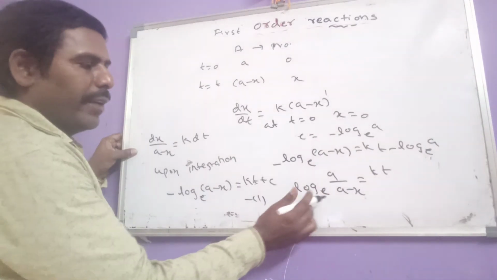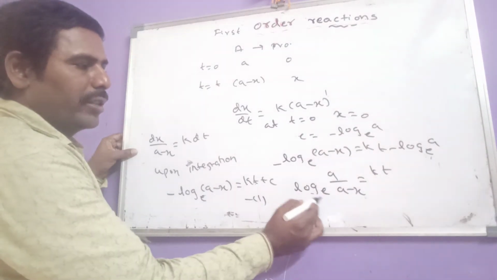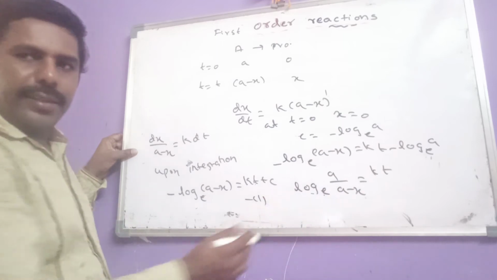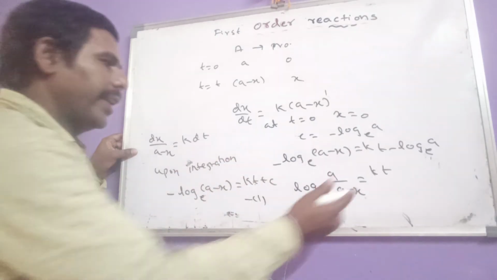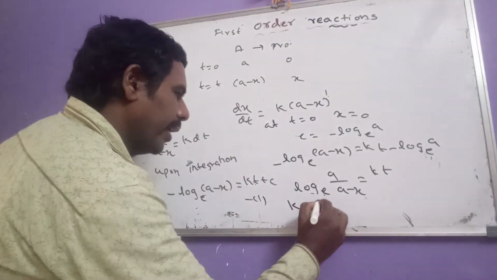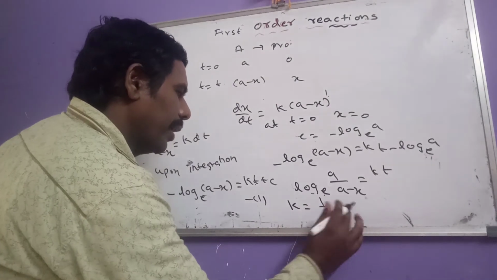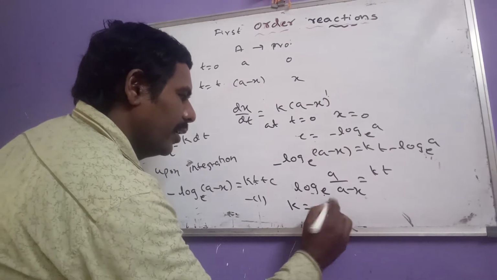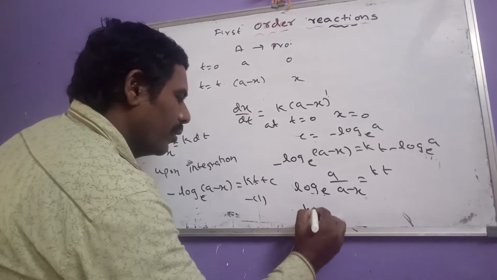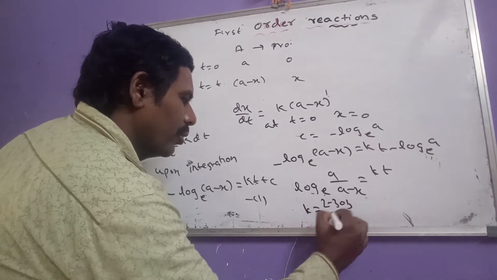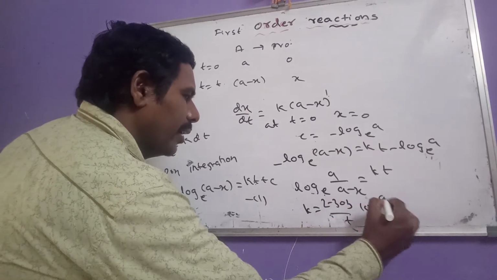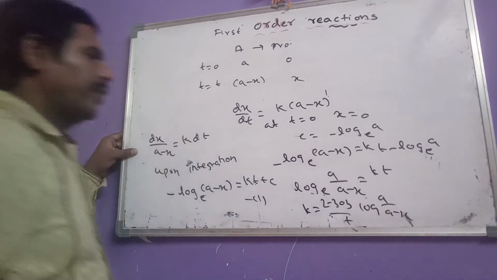By multiplying with 2.303, the base e logarithm is changed into base 10, and we get k equals 2.303/t log a/(a minus x).